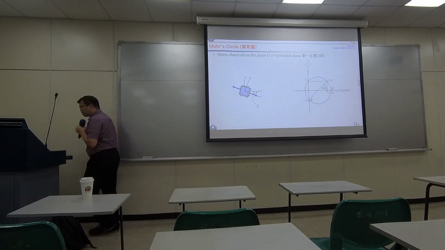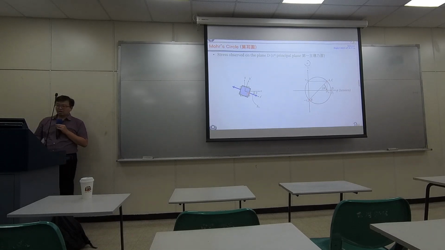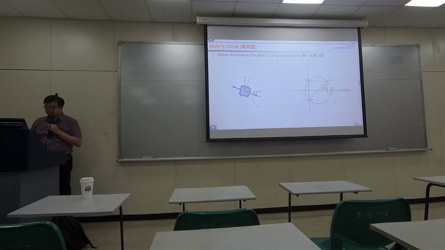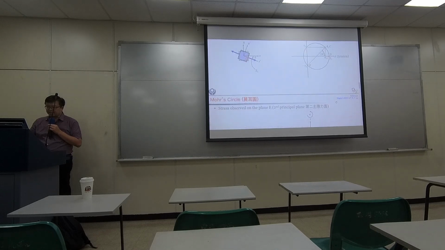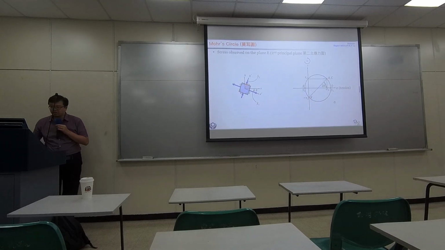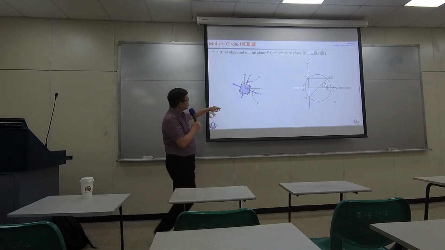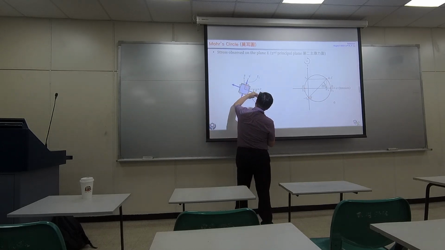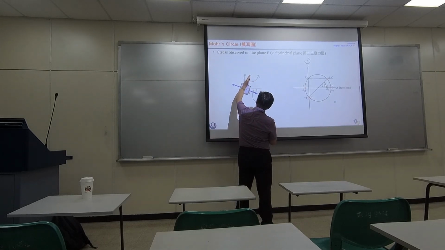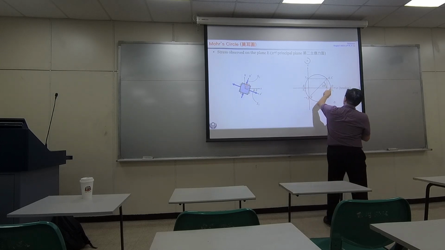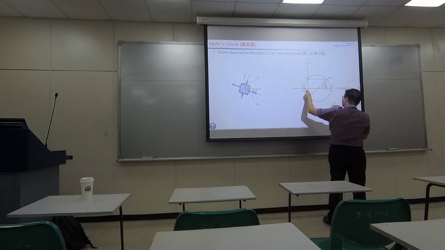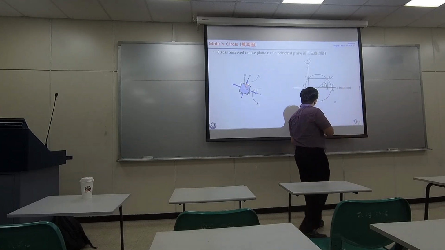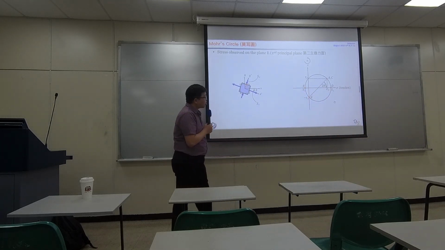That's why we call this the principal stress coordinate, the principal axis. And along this direction, if you rotate from here by 90 degrees, and over here you will be rotating by 180 degrees, you reach another edge of the Mohr circle at the very left edge.